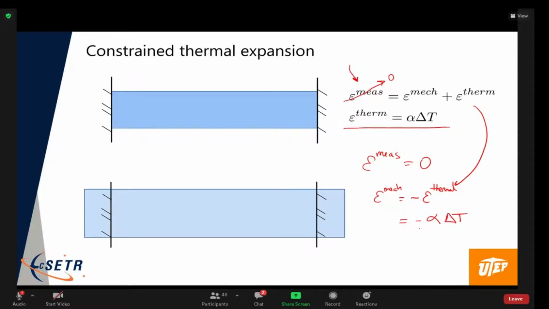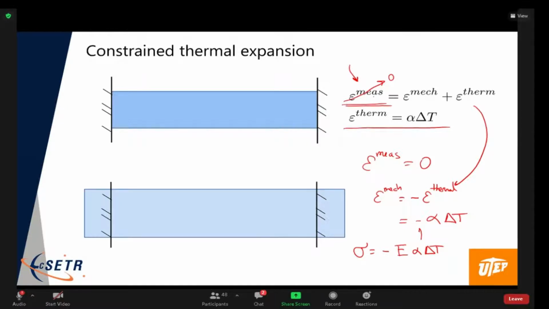We get the negative sign because you can think of this as two steps. We allow it to freely expand, and then we have to compress it back down. So in this case, we will get a stress, and that stress is going to be a compressive stress, minus E times the mechanical strain, which is minus E alpha delta T.